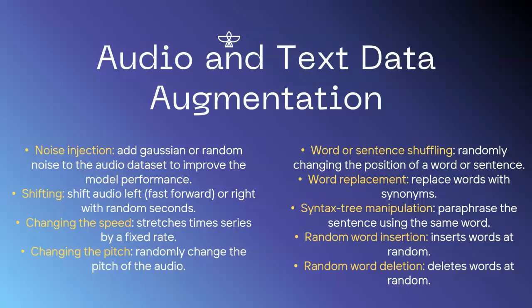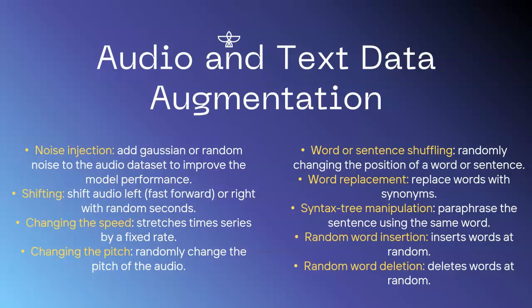Which means if you have a signal, you can add some noise in that, some percent like 10 or 20% of noise in that particular signal, and you can shift that signal from one point to another point. You can change the speed of the signal, or you can change the frequency and change the pitch of that signal.